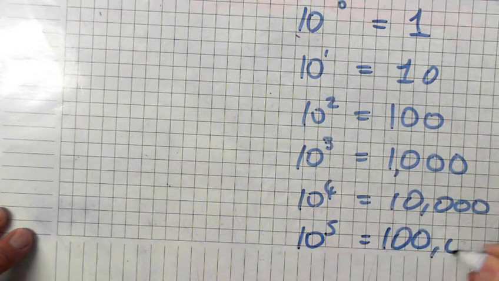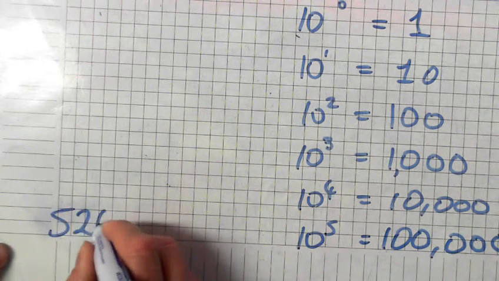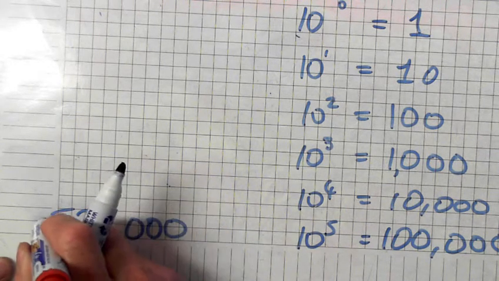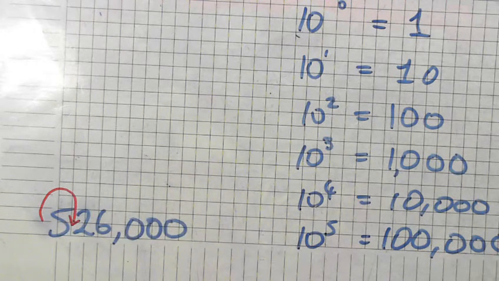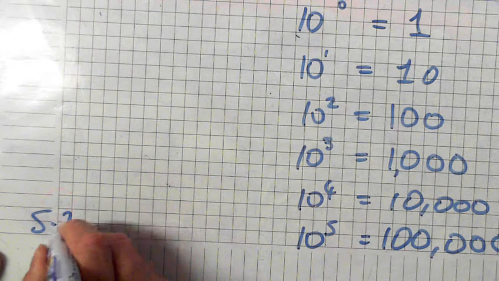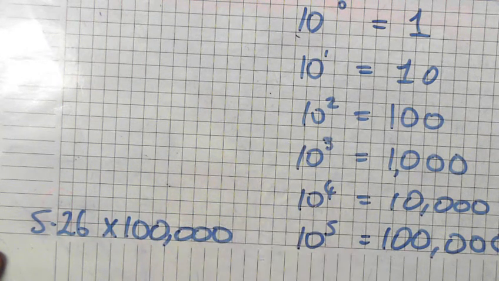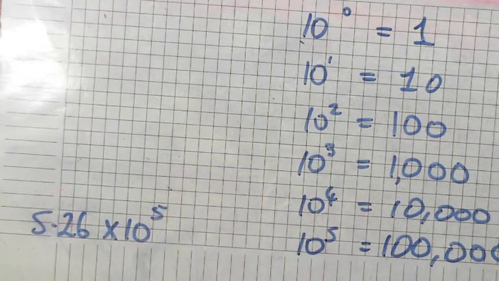That's 100,000. So 526,000. How do you write that in scientific notation? Same idea. Your decimal point is going to go here. 5.26 times 100,000. 100,000 is written as 10 to the 5. Okay?